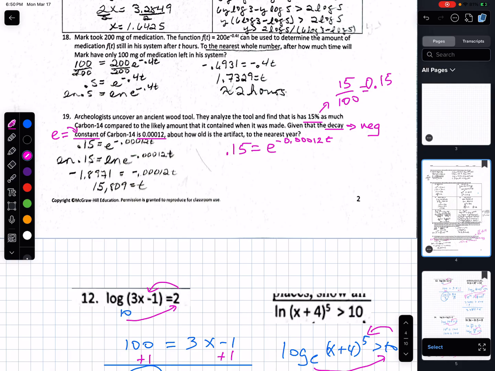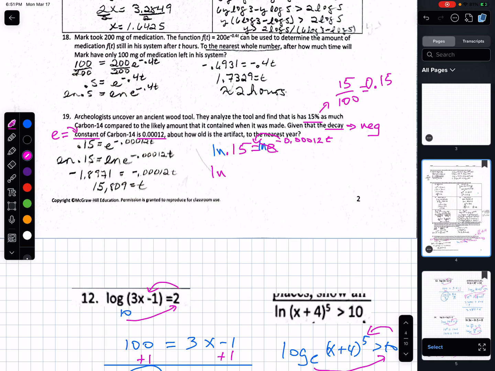Okay. Unpleasant. So we see e and we have to go ln at the beginning before each one. We know ln e equals 1, so it's nothing, and that negative 0.00012 nonsense is going to go in front.